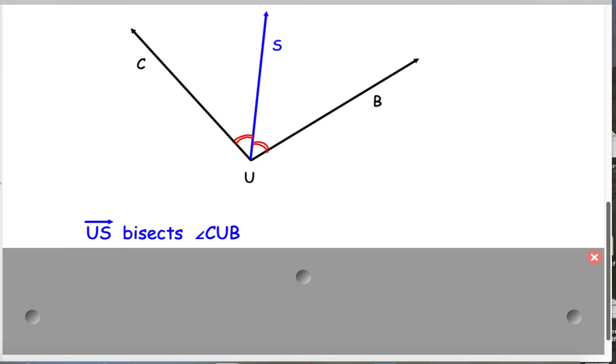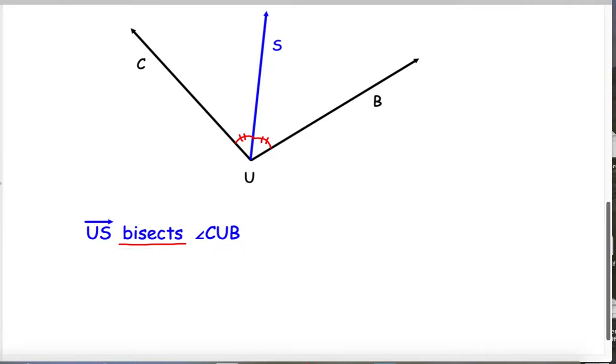That would also work. Another way we could mark that they're congruent is a curve and then two tick marks. So there's lots of different ways we can mark that. But as long as the two markings match, that means the two angles are congruent. And we know that because the angle is being bisected. Bi meaning two, sect means to cut. So to cut into two equal pieces.